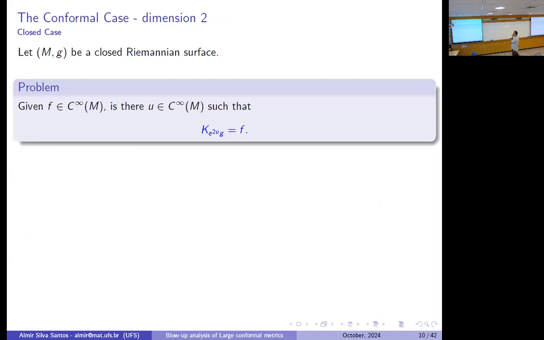What about the conformal case? Let's see. Given a function on a manifold of dimension 2, is there some function such that the Gaussian curvature of this conformal metric is that function f?